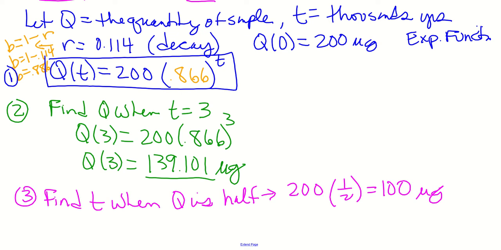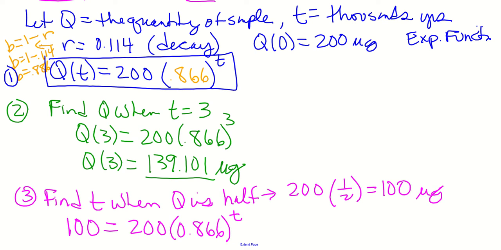So I'm trying to find what t is when Q is 100, which means I'm going to solve the equation where 100 equals 200 times 0.866 to the t.